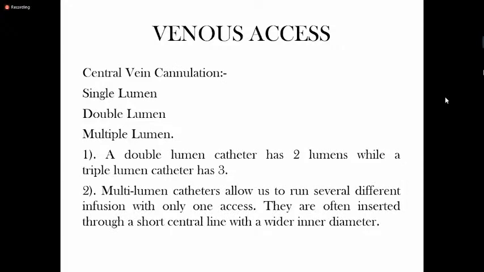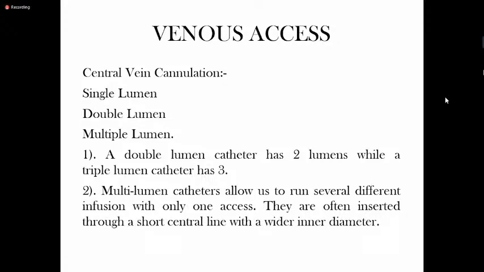A venous access can be single lumen, double lumen, or multiple lumina. A double lumen catheter has 2 lumens, while a triple lumen has 3 of them. These lumens are used to run several different infusions with only one access.